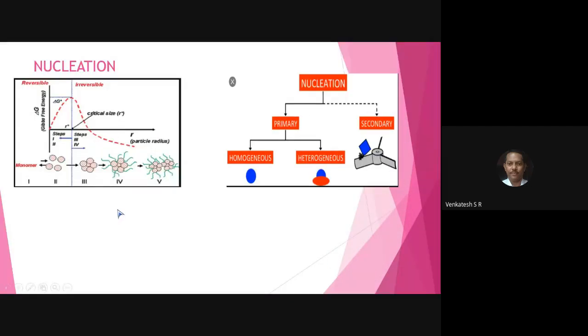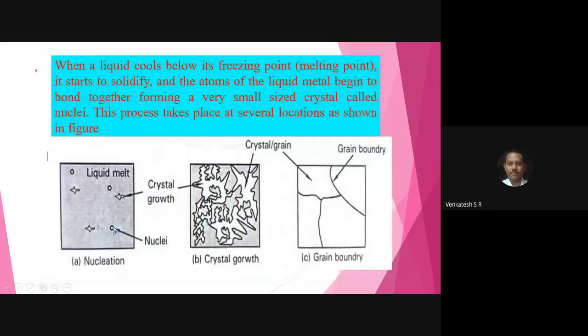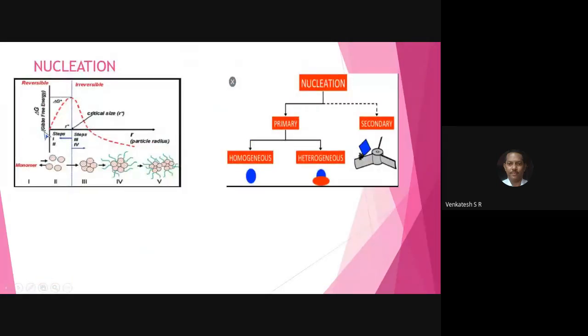All of you write down nucleation. See, nucleation means the nuclei form in the liquid metal, like this, grow in size, attract the neighbor nuclei, and form the crystal. For this, see, this is the diagram.